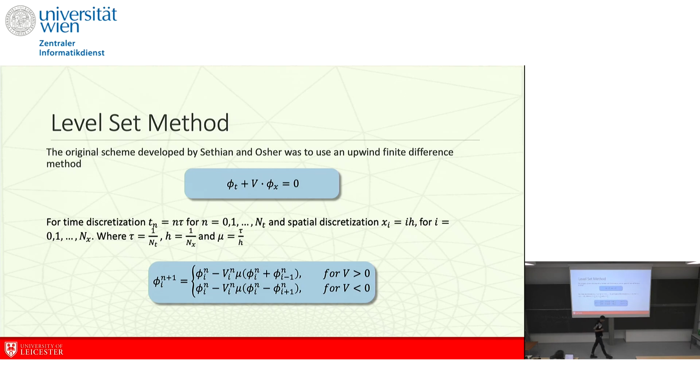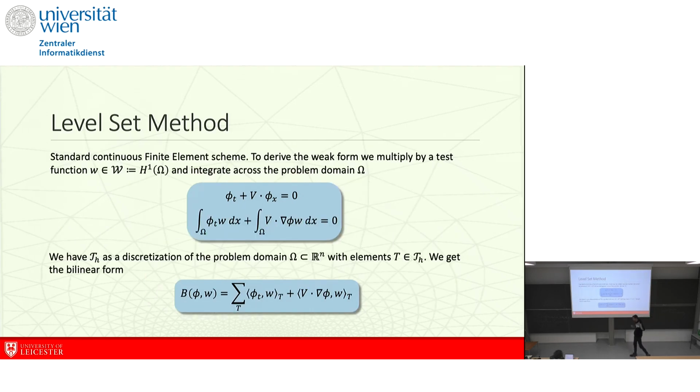But of course, finite difference methods suffer from a lack of flexibility with the domain geometry. So instead, we'd like to use continuous finite element methods. To formulate the level set equation as a finite element problem, we simply multiply by a test function and then integrate over the domain. Nothing new here.